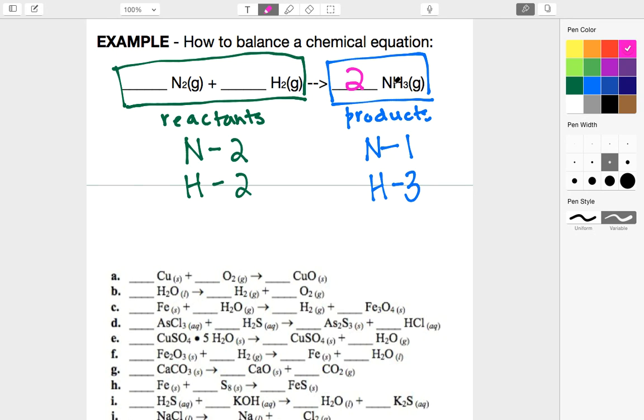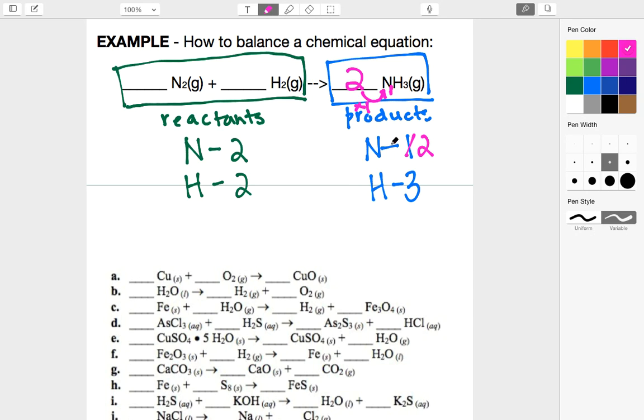So if you imagine there was the 1 there, 2 times 1 is 2. That gives me 2 nitrogens total, right? So now I have 2 nitrogens, which matches up with my reactant side.